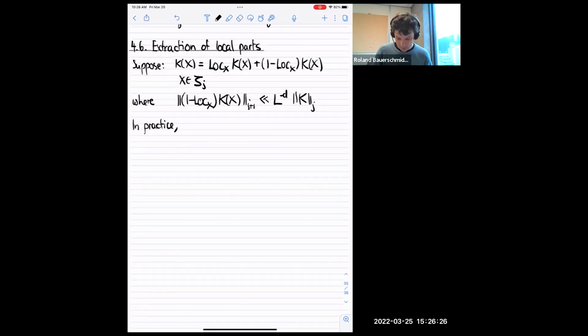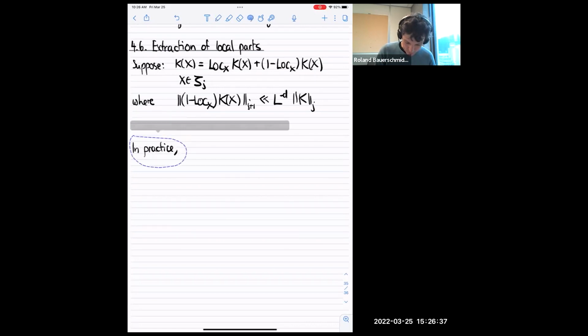Because else it's always true. Well, yes, good point. We want the other part, say, to be bounded. So we also want log x, k of x to be, say, bounded.